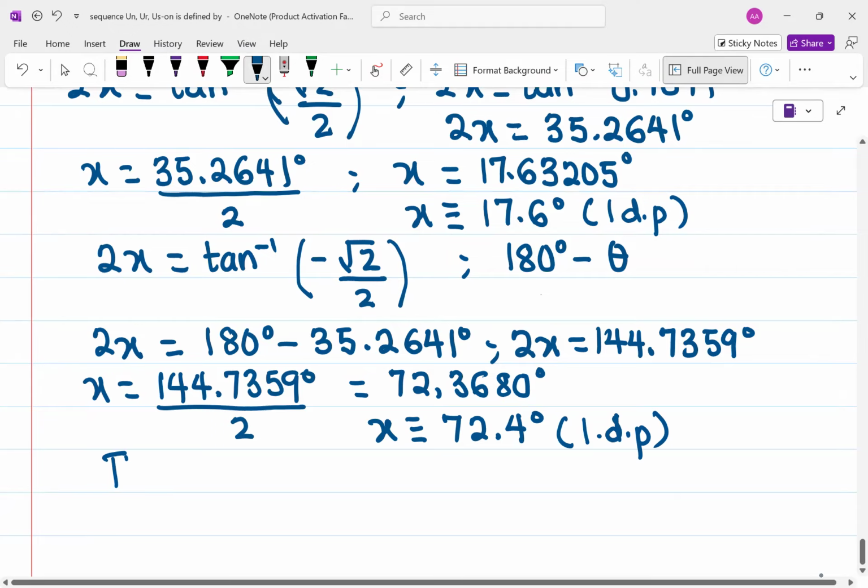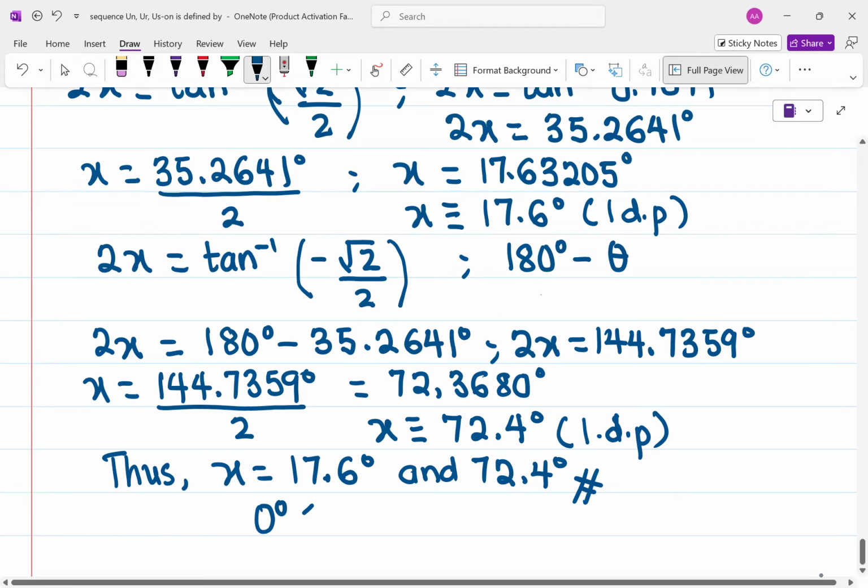Thus, my x is equals to 17.6 degrees and 72.4 degrees, according to 0 degree less than x less than 90 degrees.